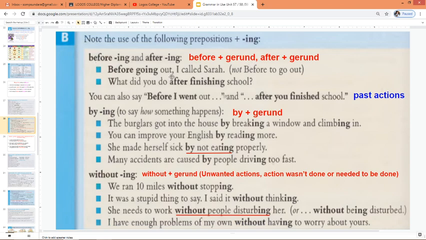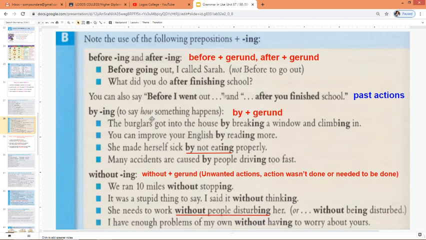Before going out, after finishing school, by breaking, by reading, by not eating, by people driving too fast, right? And also without stopping, without thinking. So these 4 prepositions, they're also followed by the gerund. Let's look at by and ing right here.